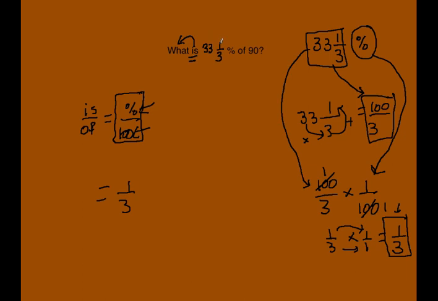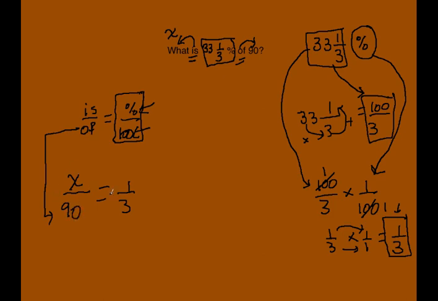I cannot say it's 33 1/3 because that was already used for the percentage. What is always what you don't know, and you replace it by an x. And the closest number to the word of is 90. You might say it's 33 1/3%, but we already used it. So the word of gets replaced by 90.